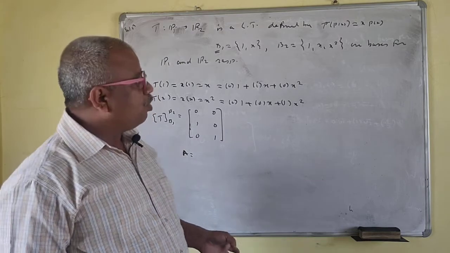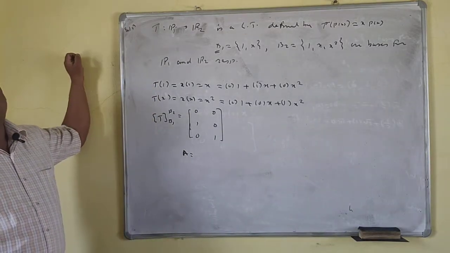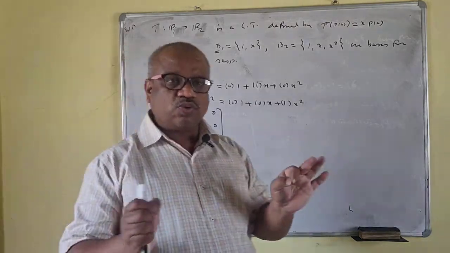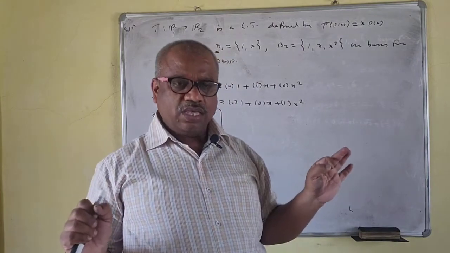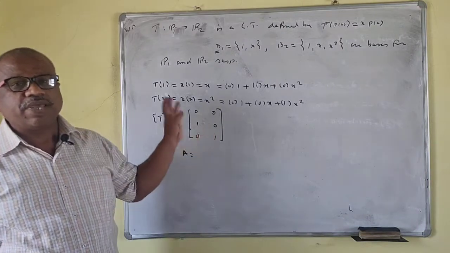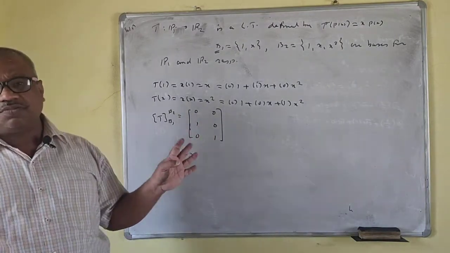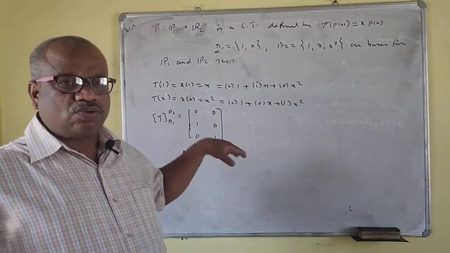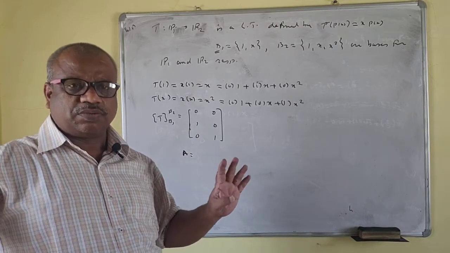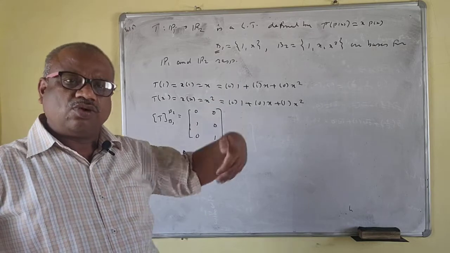If the question is to find the rank and nullity of the linear transformation, we want only the rank and nullity, so we don't have to verify anything. If the question is to verify the rank-nullity theorem, then you have to find a basis for the range of T as usual. But if the question is only to find the rank and nullity, find the standard matrix A and reduce it to an equivalent form.